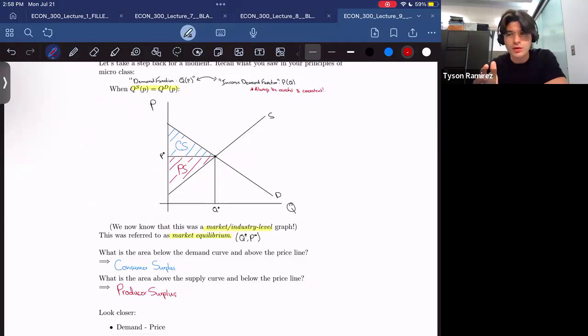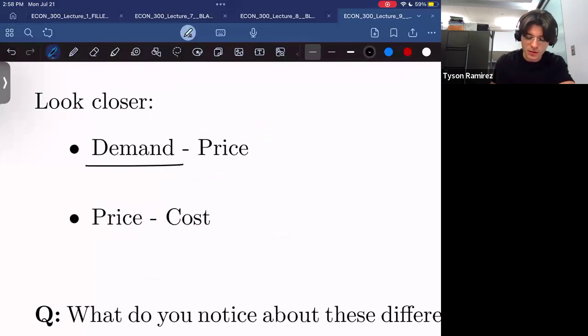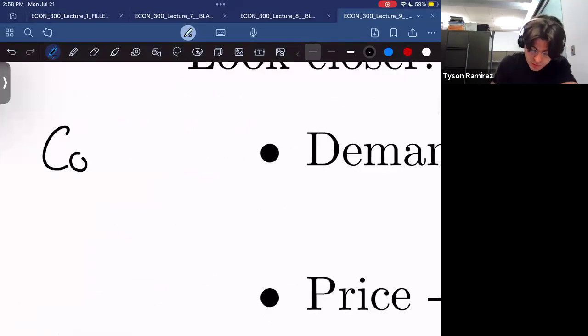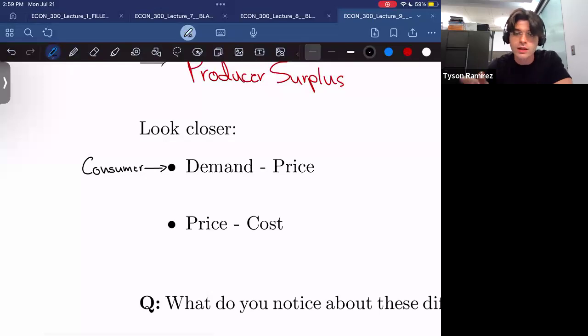But now let's look a little bit closer. We're going to revisit this exact same information, but with our new, grown-up knowledge. What did I define as the consumer surplus? I define that as the demand minus the price. I define surplus for the consumer as the consumer's demand minus the price.